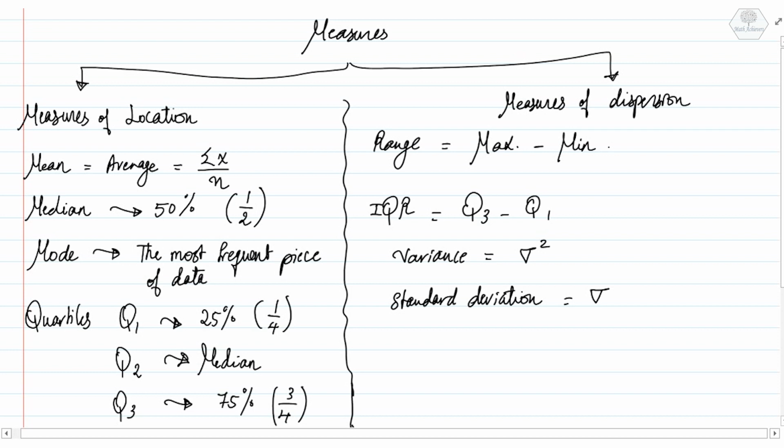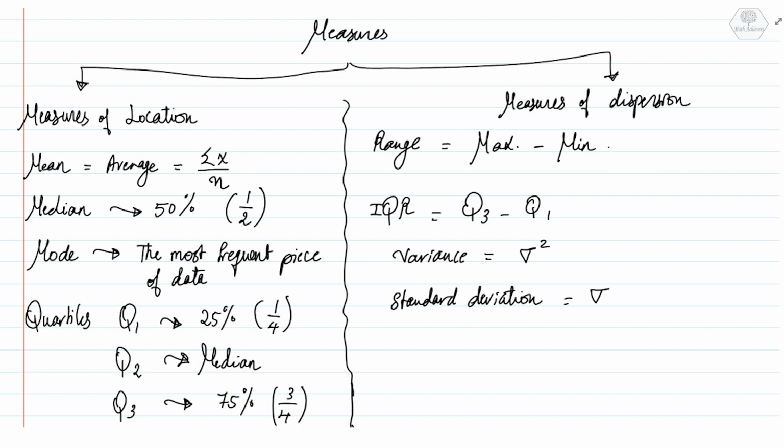Now we can go to an example with real values, and we can describe our data. Let's say I have the scores of students out of 10 in a mathematics exam. Let's say I have a 2, a 3, a 3. I want to put them in ascending order.